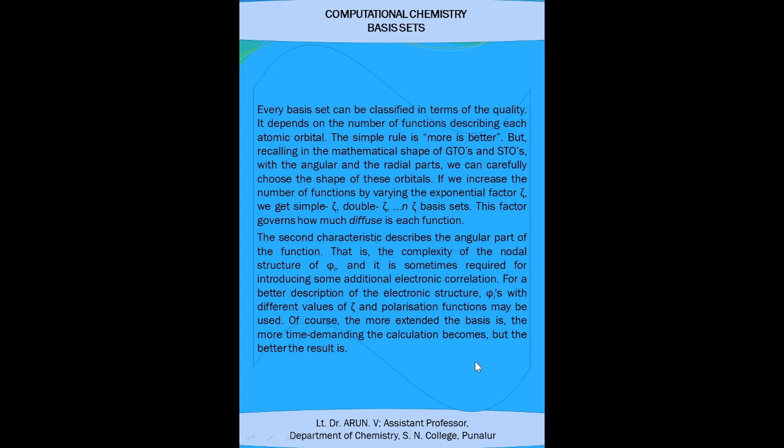The factor that governs how diffuse the function is. The second characteristic describes the angular part of the wave function, that is the complexity of the nodal structure of the orbitals, and it is sometimes required for introducing some additional electronic correlations. For a better description of the electronic structure, different values of zeta and polarization functions may be used.